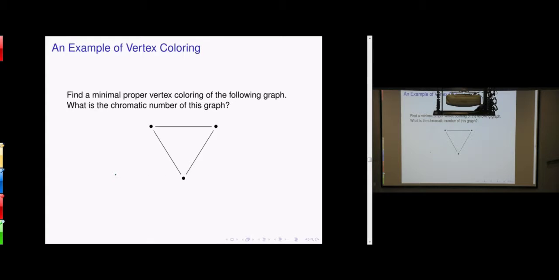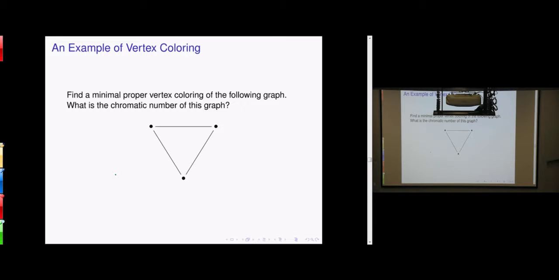Okay, examples. Find a minimum proper vertex coloring of the following graph. This graph is just a triangle. So what is the chromatic number of this graph? Let's try. I color this vertex 1.